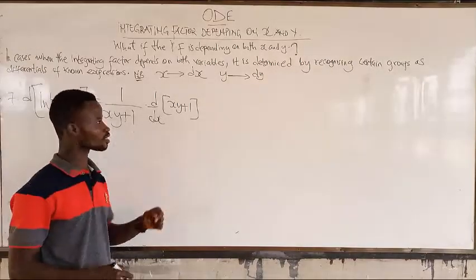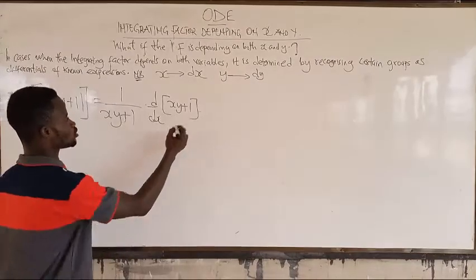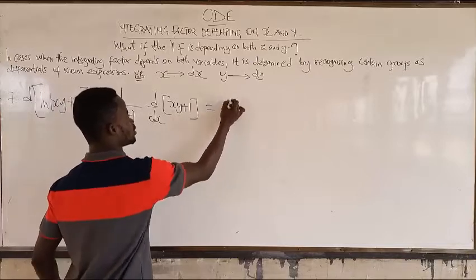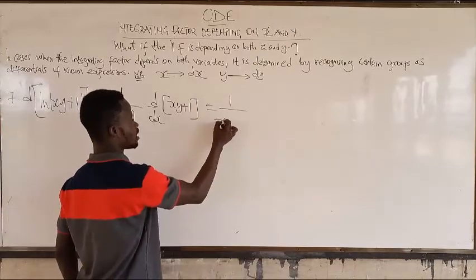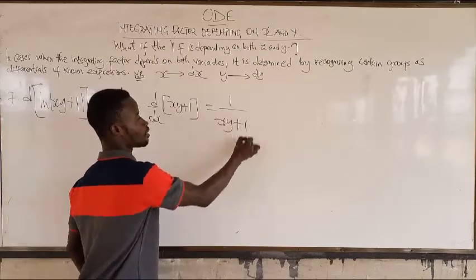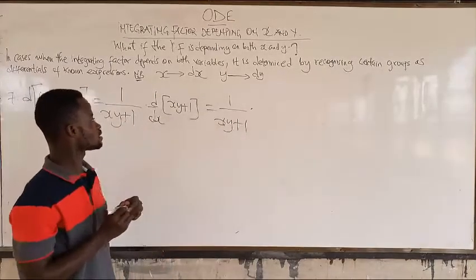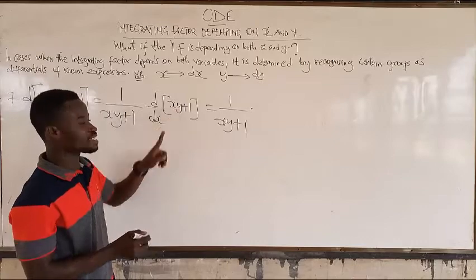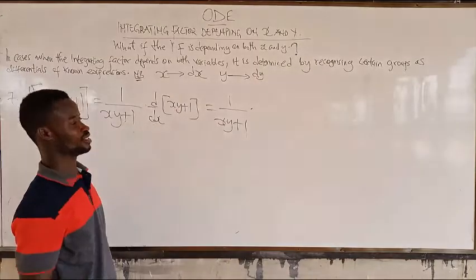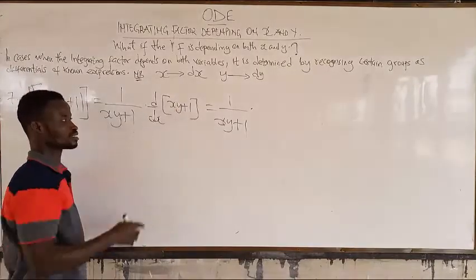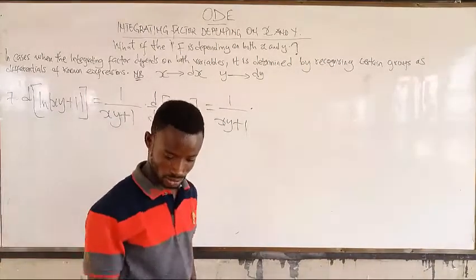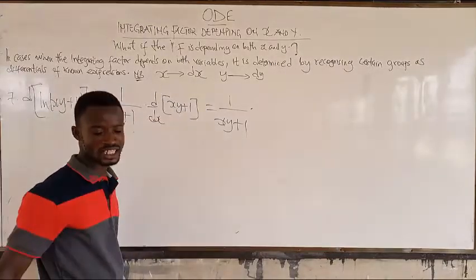Now you move on to differentiate xy plus 1. But what will this be? Don't forget that this is a product rule. Yeah, product rule, that is that. Very good. So let's move on.